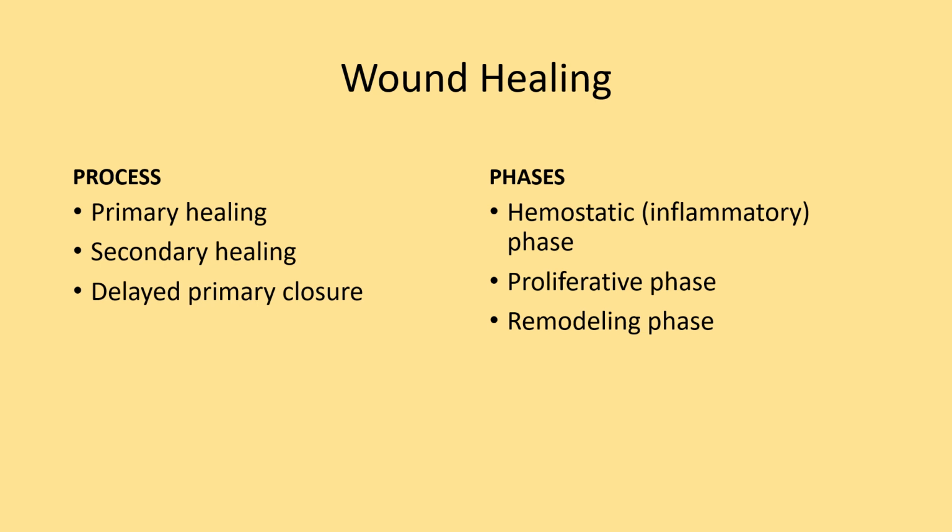Once bleeding is controlled, histamine is released. This results in vasodilation and an increase in capillary permeability. This is important because it increases blood flow to the injury, allowing white blood cells to flood the area and assist to clean the wound.